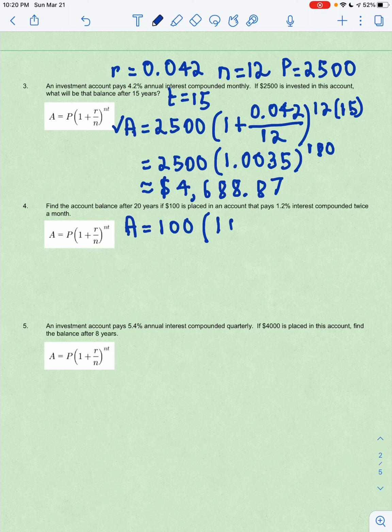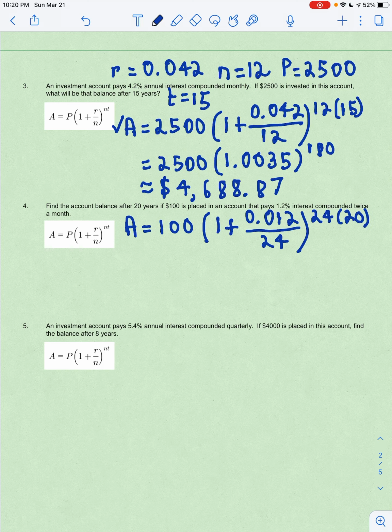Then we'd have 1 plus the rate, 1.2% as a decimal is 0.012, divided by N, the number of times a year. Twice a month would mean N is 24. And then it gets raised to the N, 24, times T, which is the time, or 20 years.